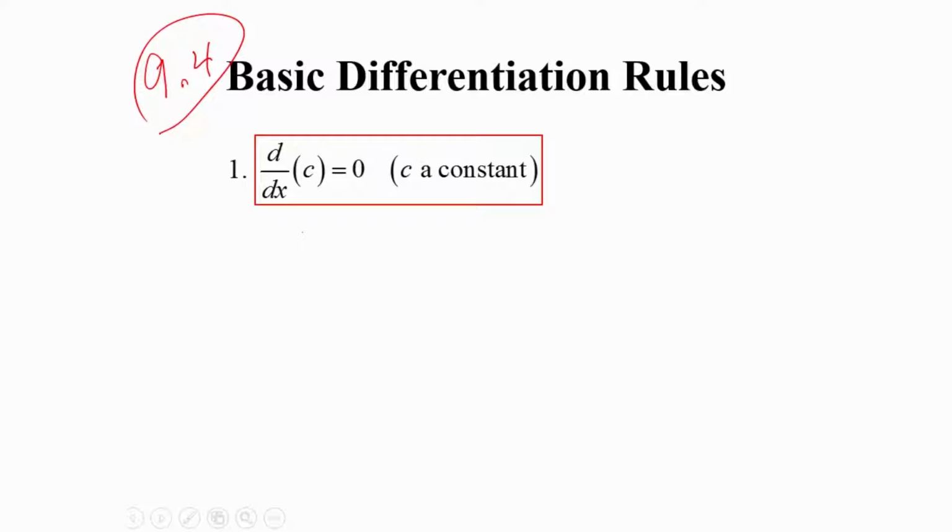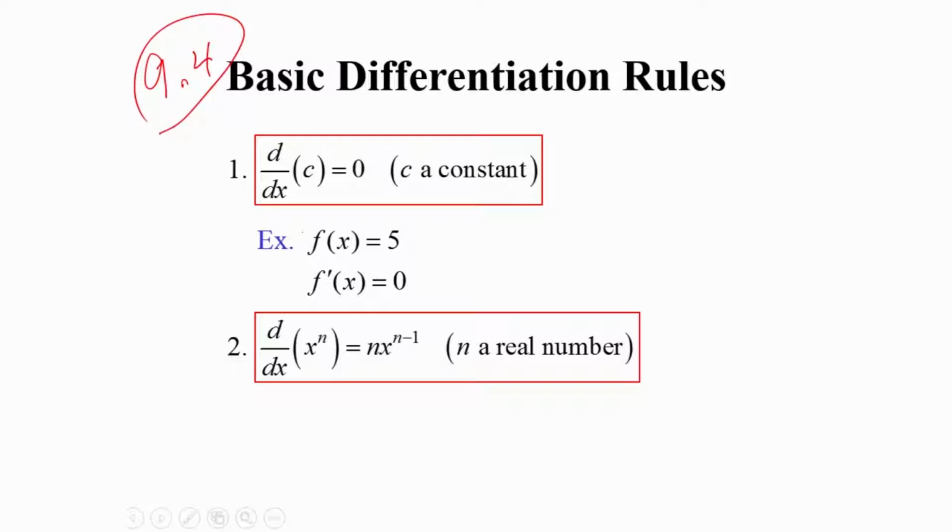Again, they are showing the derivative as d dx of c, of a constant. So f of x is equal to 5, f prime of x is equal to 0. I just showed that graphically. The second rule of differentiation: d dx of x to the n power equals n times x to the n minus 1, where n is a real number.